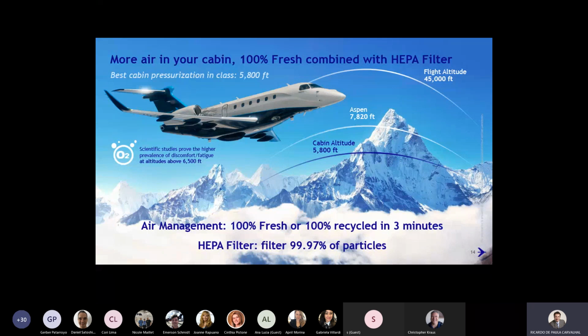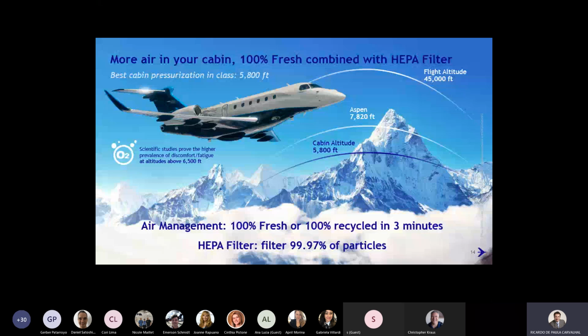So if you're flying at 45,000 feet, where life doesn't exist, you will feel inside the cabin like you were at 5,800 feet, higher than Denver. This has all to do with air density and air concentration, the amount of oxygen you have in the air. So 5,800 feet cabin altitude is the best in class, okay?